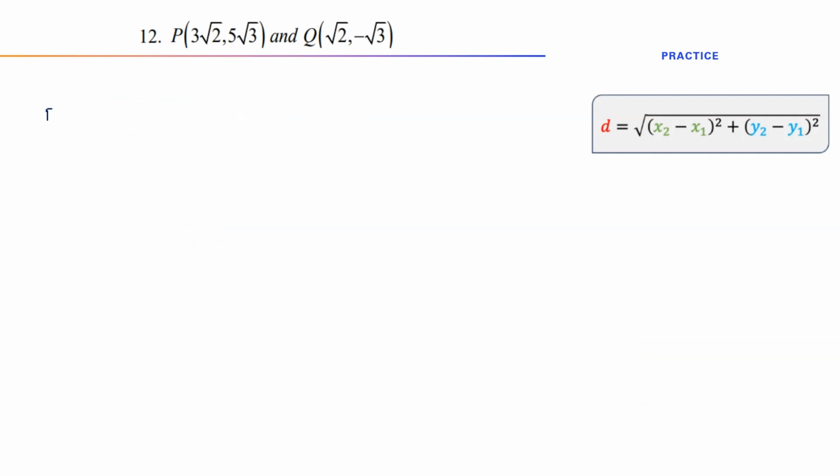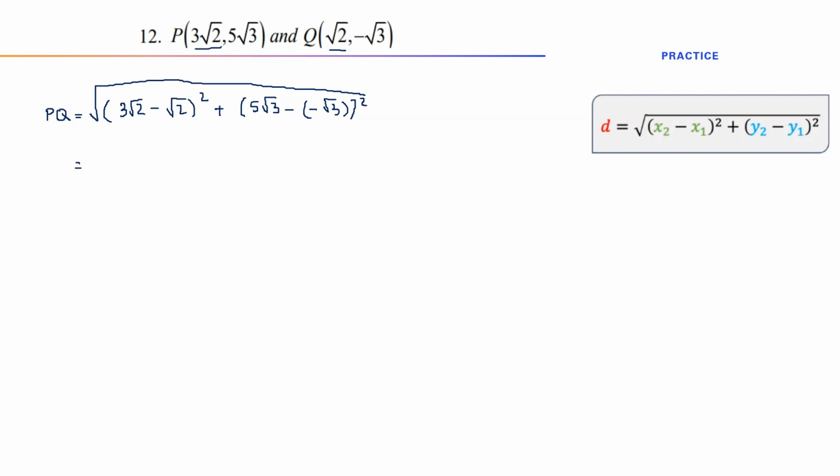So PQ in this question will be the square root of (3 square root of 2 subtract negative square root of 2) all squared plus (5 square root of 3 subtract negative square root of 3) squared, right?